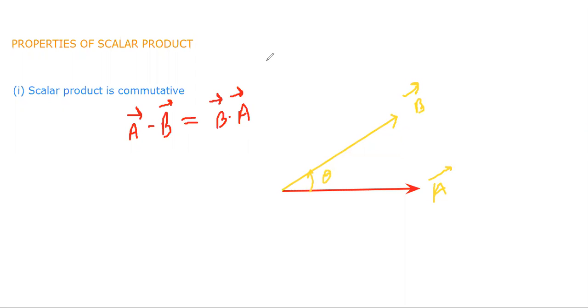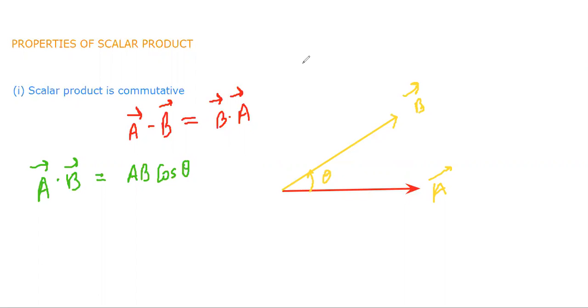Now if you find the value of A dot B, what would it be? It would be AB cos theta. The angle from A to B is theta, so it is AB cos theta.